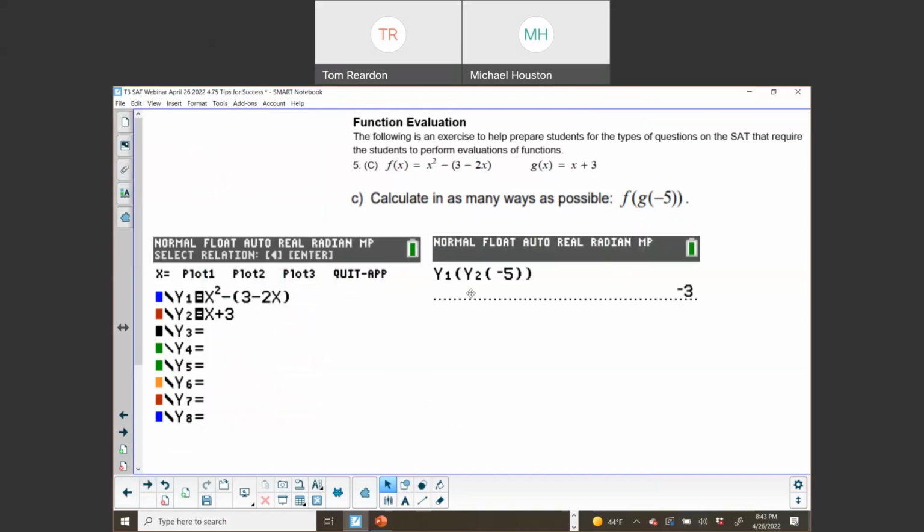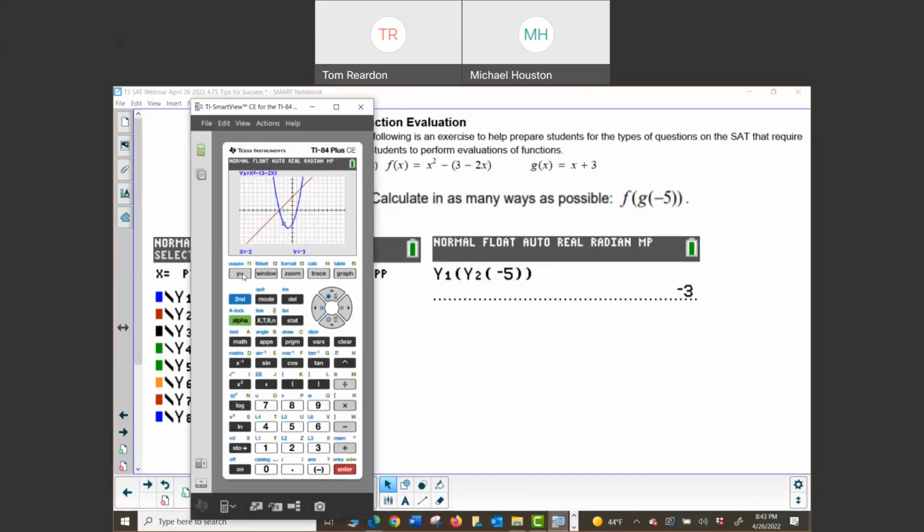Okay. Now I can also do y1 of y2 of -5. Okay, that one's kind of straightforward. But here's another one that I really like. See what you think here. In y3, I can actually type in the composition function. I can do y1, alpha trace, y1 of alpha trace y2 of x.